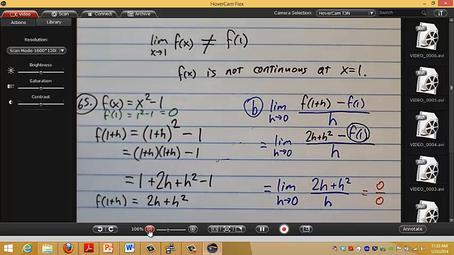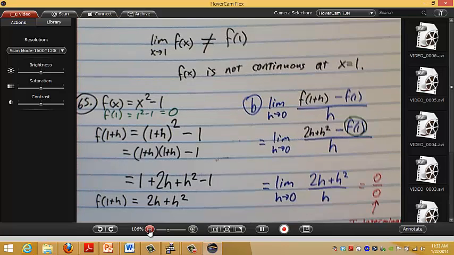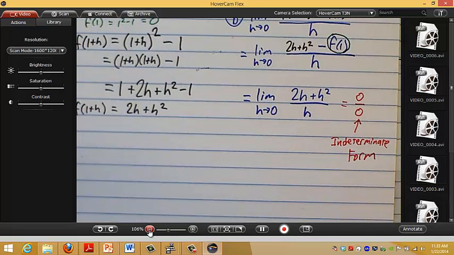Why not? What's the problem? Is the problem having 0 in the numerator or having 0 in the denominator? The denominator. We know you can't divide by 0, right? But today we learn that this 0 over 0 is actually kind of special. It's called an indeterminate form.